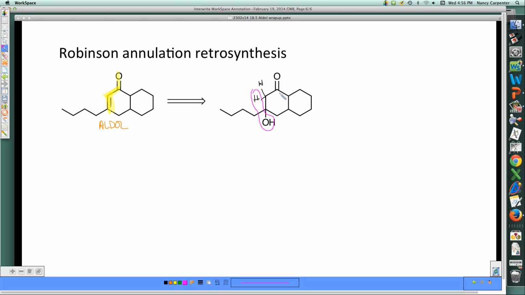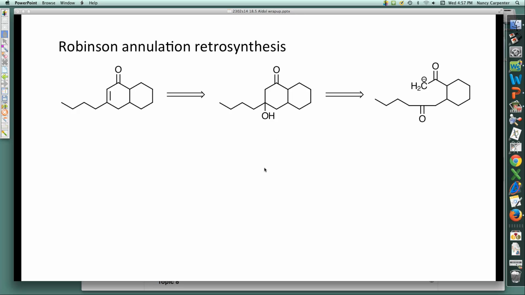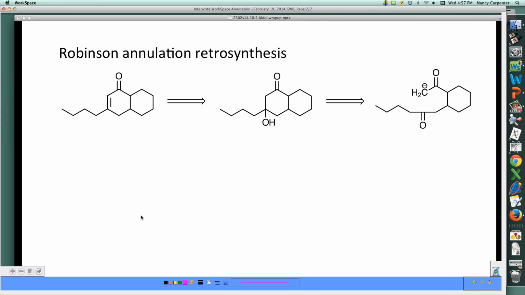Okay? And now we can certainly see that this is an aldol product. So it means just retrosynthetic stuff some more. How can I make this by an aldol? Well, sure. Remember the aldol disconnection.